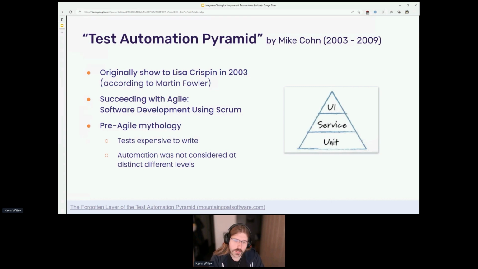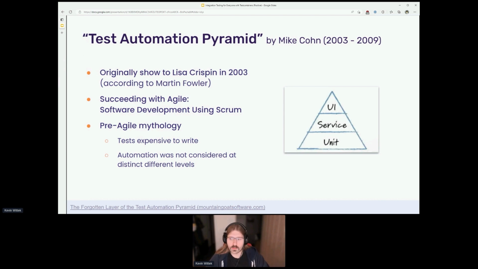Why? Because traditionally testing was more considered in the realm of end-to-end tests and UI tests. So there wasn't a distinction of the different levels of tests you have and how those different levels have different advantages and drawbacks and different implications to maintenance and such. So that's why this metaphor of the pyramid was pushed.